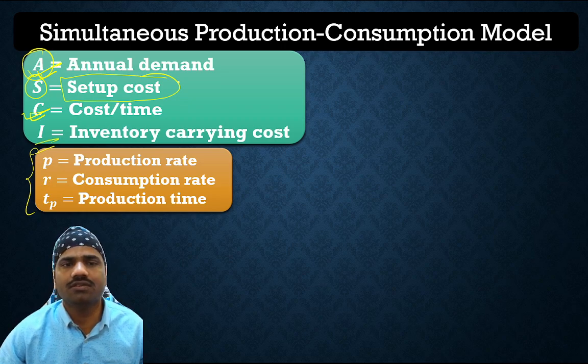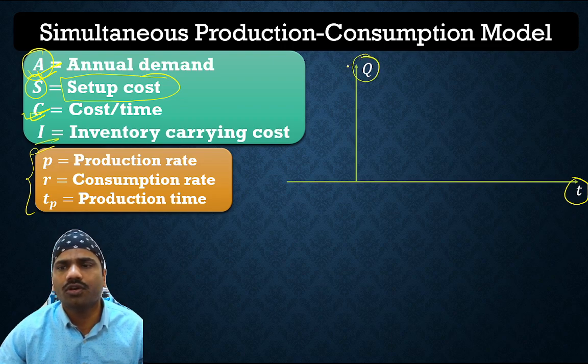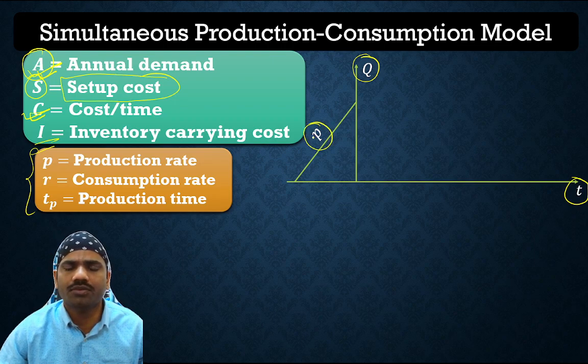Let us see these variables with a simple plot between time and quantity, same as earlier. Suppose we are producing at some rate P. If we produce at rate P, we reach some quantity.